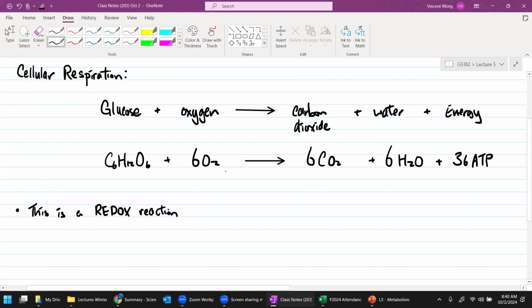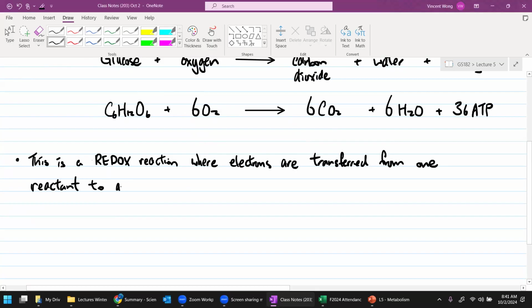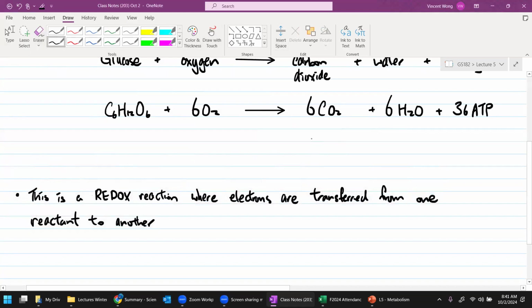This is a redox reaction, where electrons are transferred from one reactant to another. All right, sorry, I'm just going to give myself more space here.